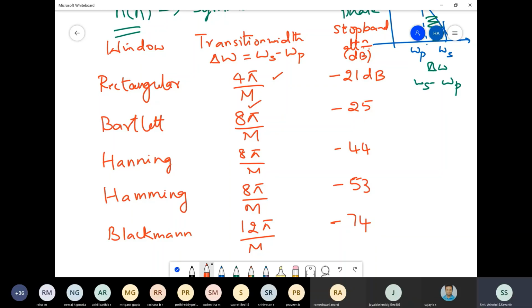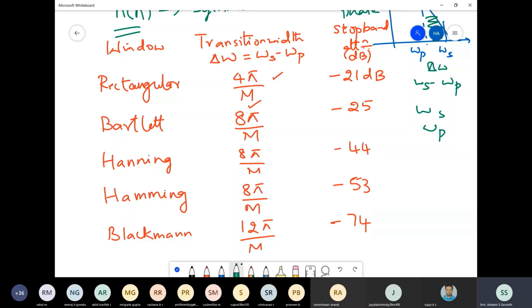Okay, so is the procedure clear? I will just repeat it once again. The filter design problem that will be given to you will tell you whether it's a low pass, high pass or band pass filter. They will give you the cutoff frequency omega c, or they could specify omega s and omega p, from which we can find omega c.